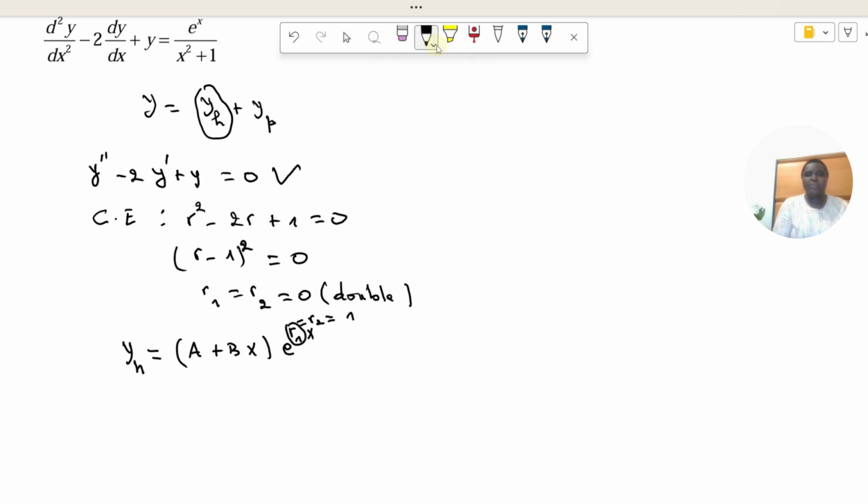So we have e power x, because our root is equal to 1. So this is the homogeneous solution.